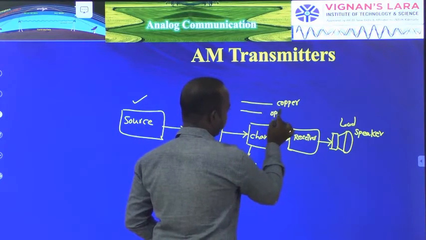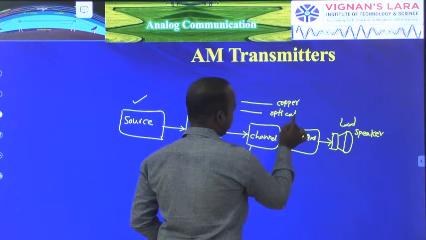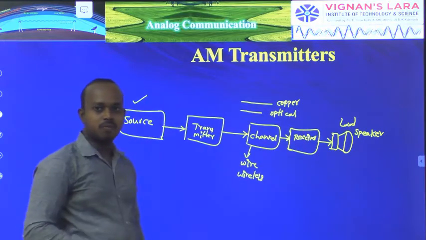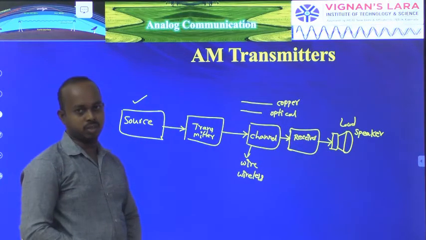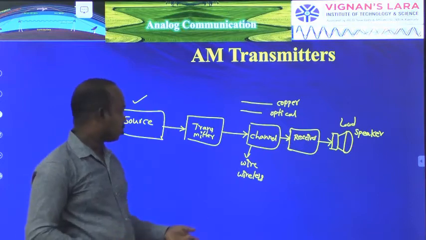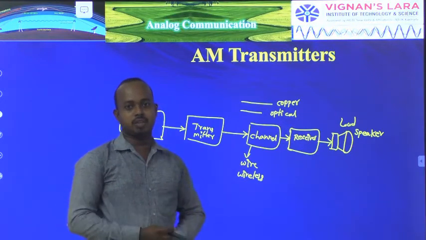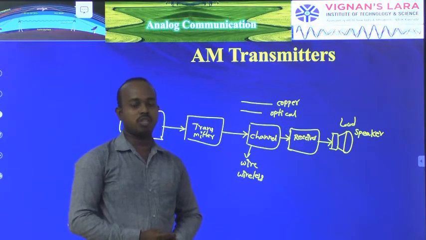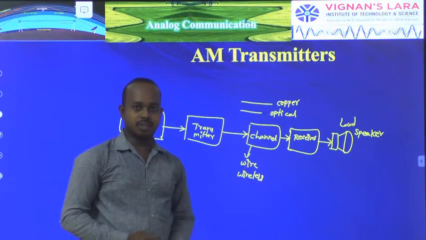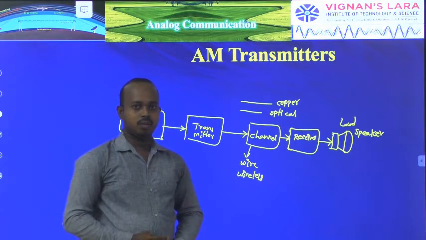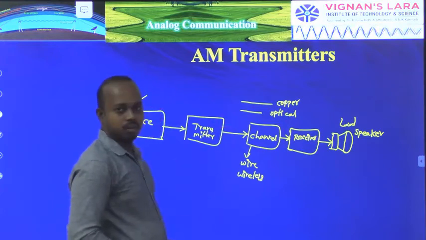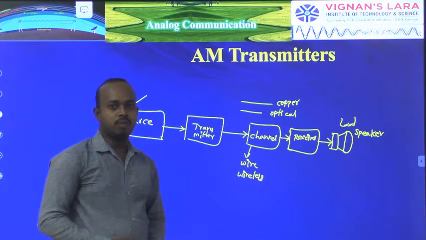In optical communication, the channel is fibers. The fiber channels are manufactured from glass materials, which we use in optical communication. These are mainly used in wire communication.